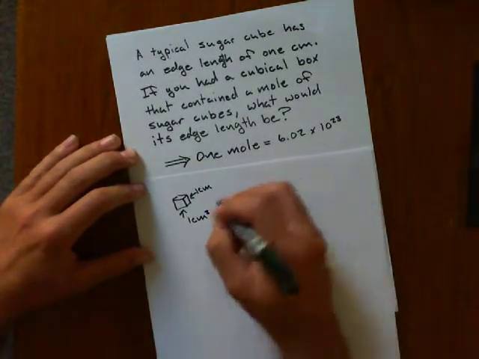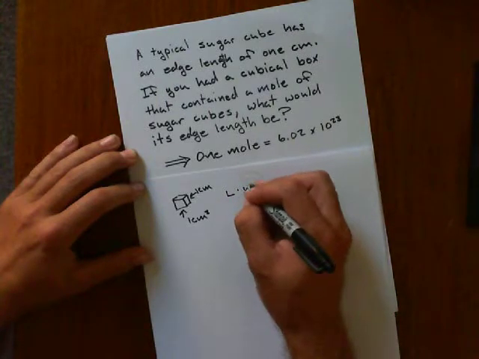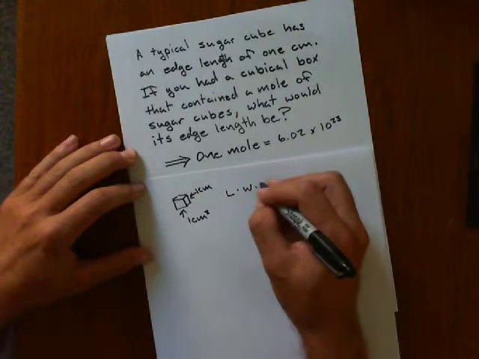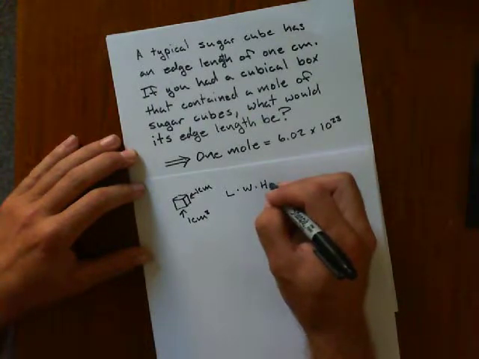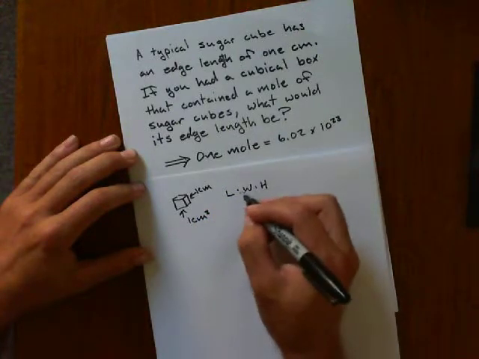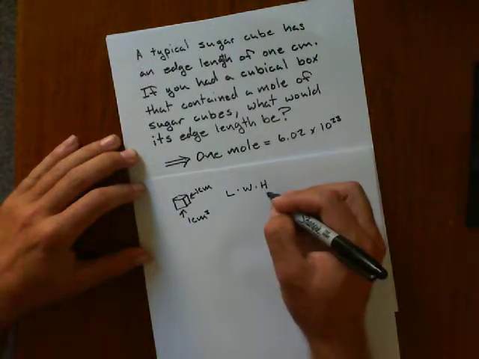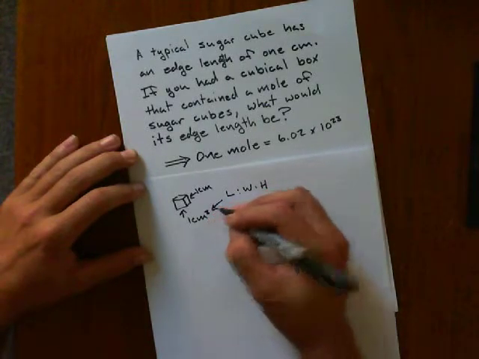The reason is because cubed is just length times width times height, 1 centimeter by 1 centimeter by 1 centimeter, which equals 1 centimeter cubed.